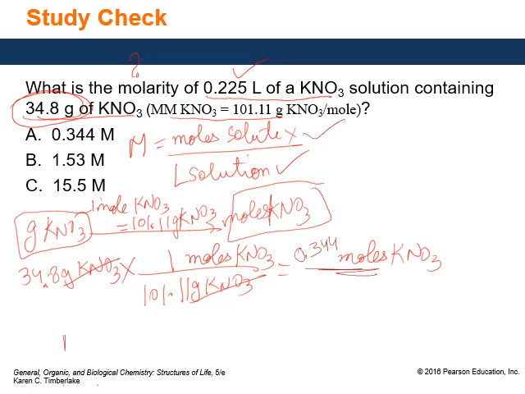We simply plug these values into our formula. So molarity would be 0.344 moles of potassium nitrate over liters of solution, which was given to us, 0.225 liters. Remember, this has to be in liters, it cannot be in ml.